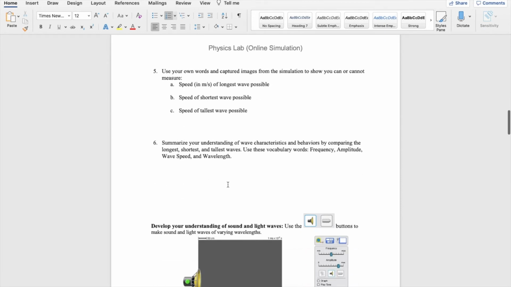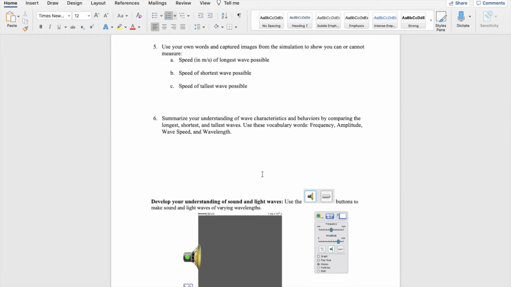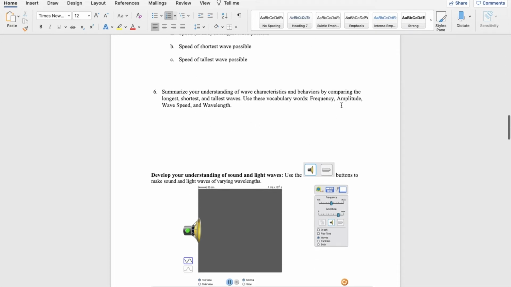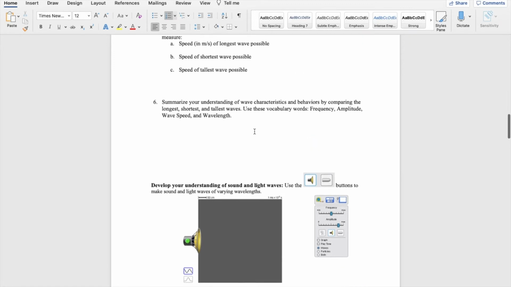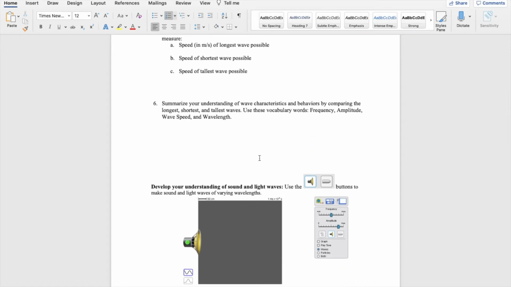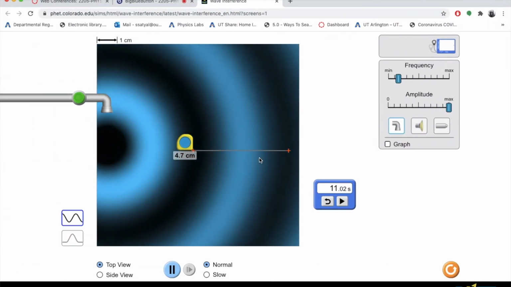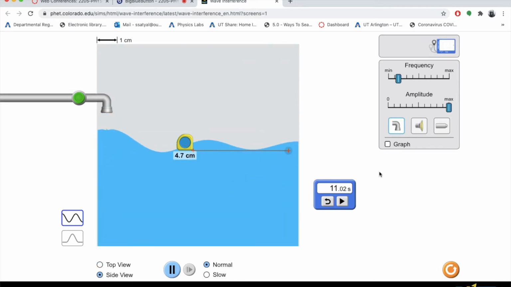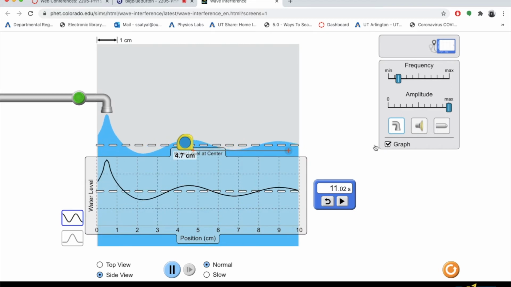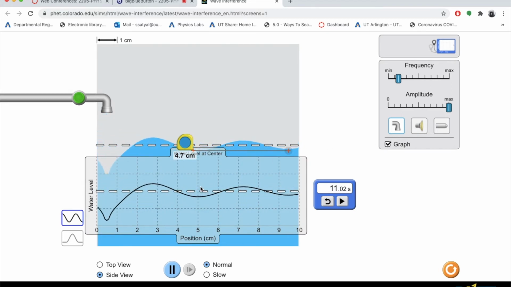Once you do that, simply summarize your understanding, behavior by comparing these different waves. Use vocabulary words like frequency, amplitude, wave speed, and so on. Also, the amplitude is the height of the waves. So for that, you may have to come here, and if you show a graph here, you can see these waves in the form of graph.